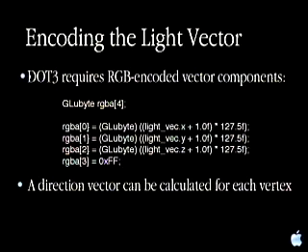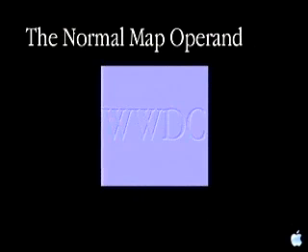So a -1 vector component will map to 0, and a +1 vector component will map to 255. Additionally, you can do this encoding for all the vertices of your polygon. Here we have the second operand of the first stage. This is the normal map operand.